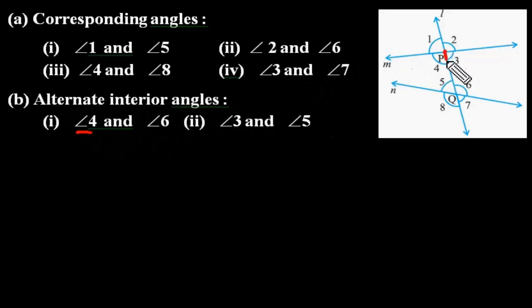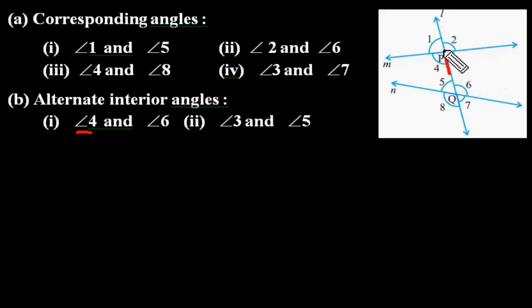Angle 4 is present on the left side of the transversal, whereas angle 6 is present on the right side, and they should not be adjacent angles. It should be on either side: one on the top and the other at the bottom.